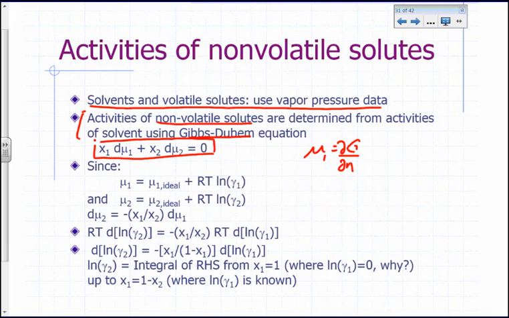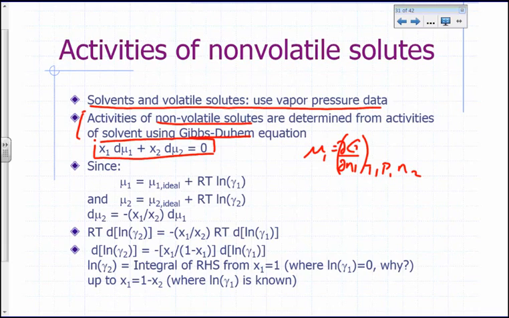So mu 1 would be the partial derivative of G with respect to N1 at constant temperature, pressure, and N2. So what this is saying is that the changes in the chemical potential are related.